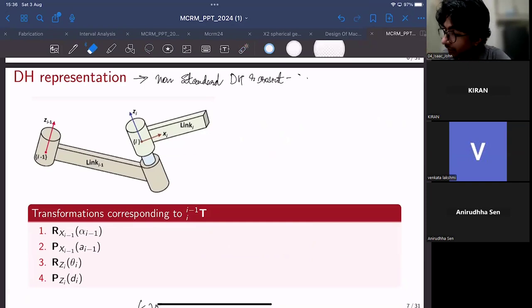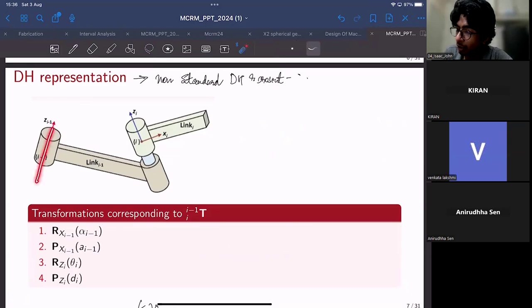So if you consider this example, it's obvious that the axes point along this direction. The (i minus 1)th axis points along this direction, and the ith axis points along this direction. So the first thing is to fix the axes. We have already fixed the axes as Zi minus 1 and Zi, right? You can do this for all the joints of a given robotic manipulator.